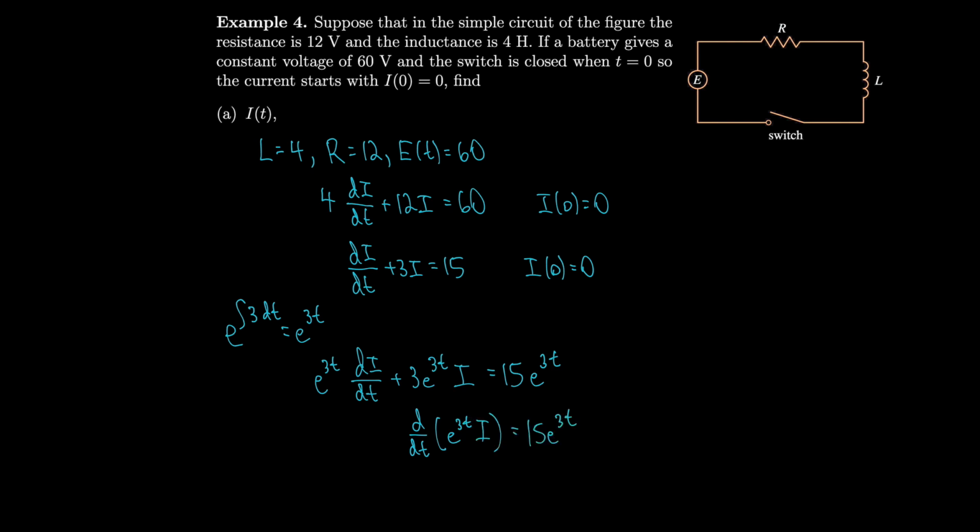And now we'll take the antiderivative and we get that this is just e to the 3t times I, and on the right side we get the integral of 15 e to the 3t, which is equal to 5 e to the 3t.